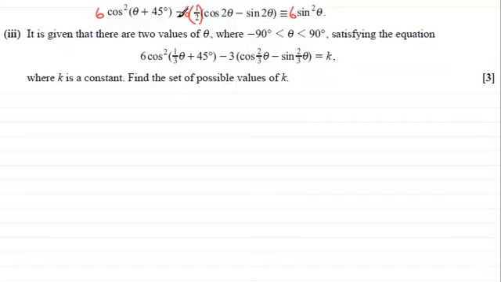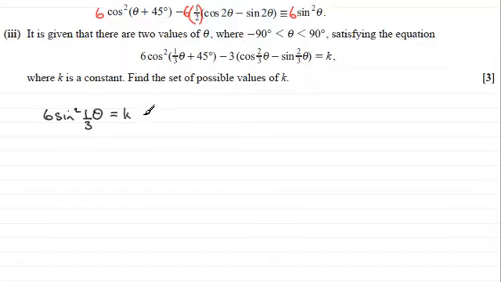So because this was identical to 6 sine squared theta, then I can replace that theta with a third theta and say that therefore what we've got is 6 sine squared a third theta must be equal to the constant k.